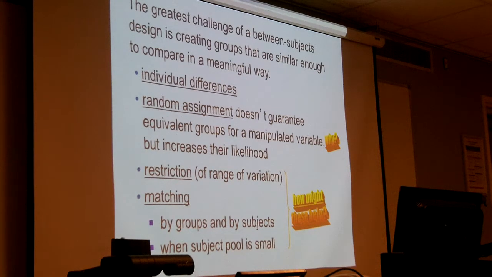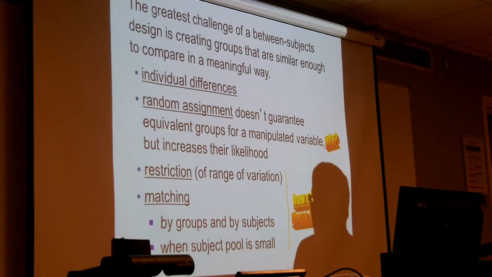But if I say, what's the biggest chunk of people in this group? People between the ages of 18 and 24 is about the biggest chunk of psych majors. So college students, typically undergrads. So let me restrict the range of variation to 18 to 24, and say, to participate in this study, you have to be between the ages of 18 and 24. By shutting out the people who are likely to have very low representation in the group, it's actually quite hard for me to get a representative sample that includes them, because they're not even representative, they're outliers.